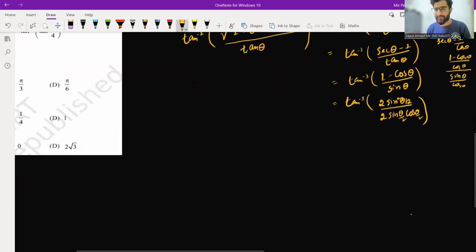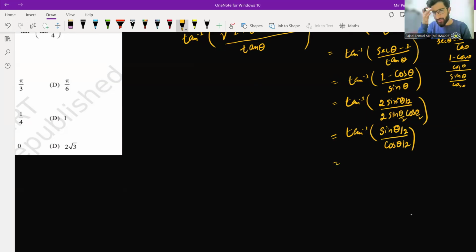So let's try to do further simplification. Tan inverse of sine of theta by 2 divided by cos of theta by 2. Some cancellation here. Now what we are getting further, tan inverse of tan of theta by 2.